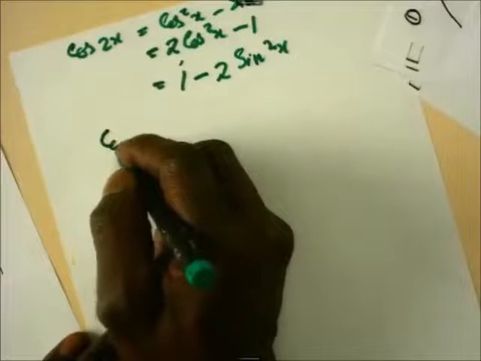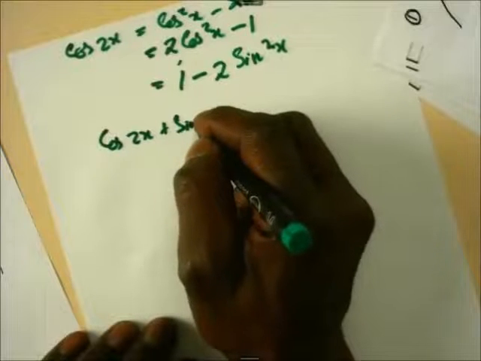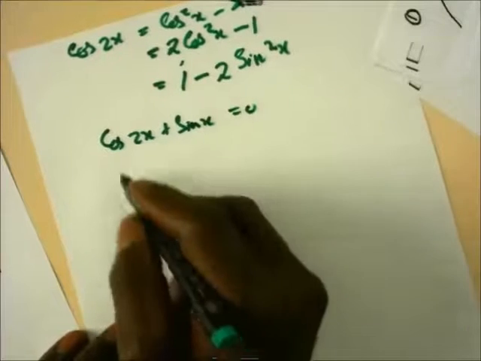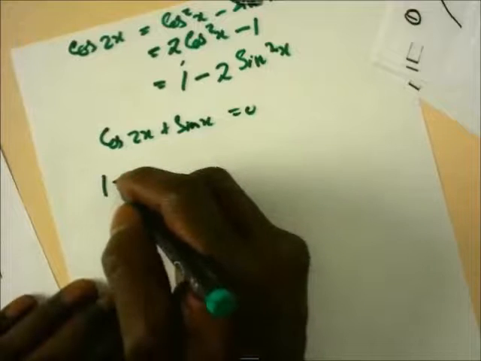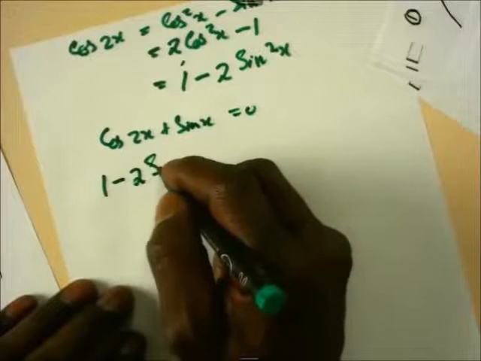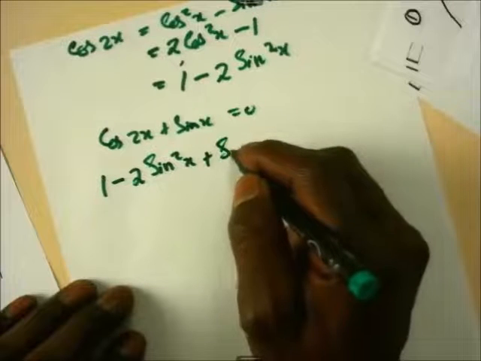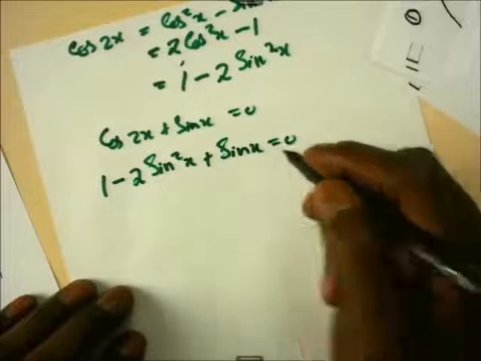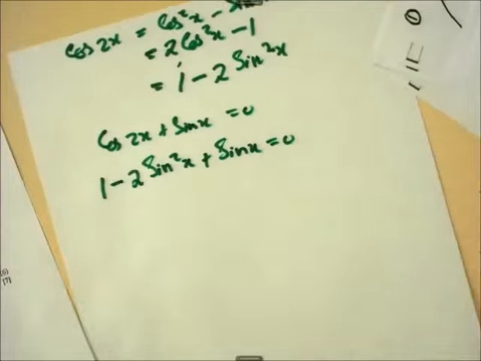Now, let's have that problem there. We have got cos 2x plus sine x equal to 0. We rewrite cos 2x as 1 minus 2 sine squared x plus sine x equal to 0. So everything has been expressed in terms of sine here.